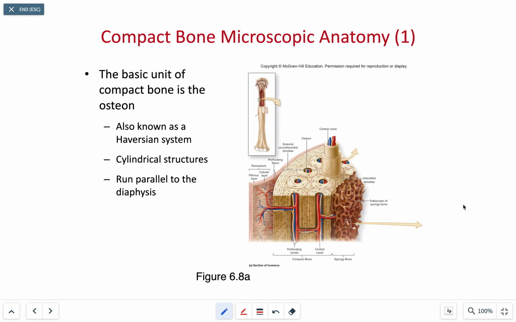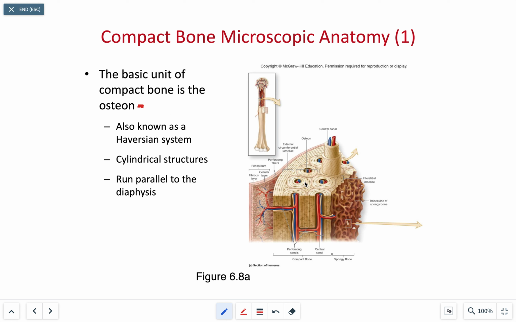So this next slide we're really going to be talking about is the osteon. The basic compact bone unit is called an osteon. It's the basic functional unit of mature compact bone. Within this, the osteocytes are arranged in concentric layers around a central canal, what we call a Haversian canal.